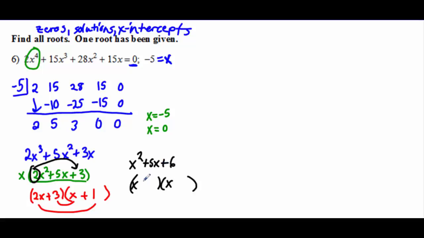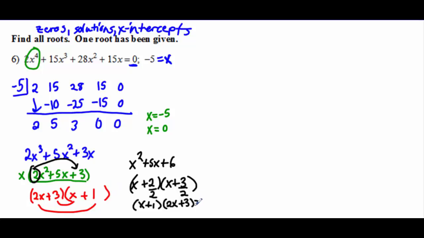Since it's a +6, we need to pick 2 and 3. And the second part of slide and divide is where you divide by what you slid by, which was 2, which makes this x plus 1 and 2x plus 3. Because if it doesn't divide, we simplify if we can, but we move the bottom number in front of x. So either way we went about this, we got the same thing.